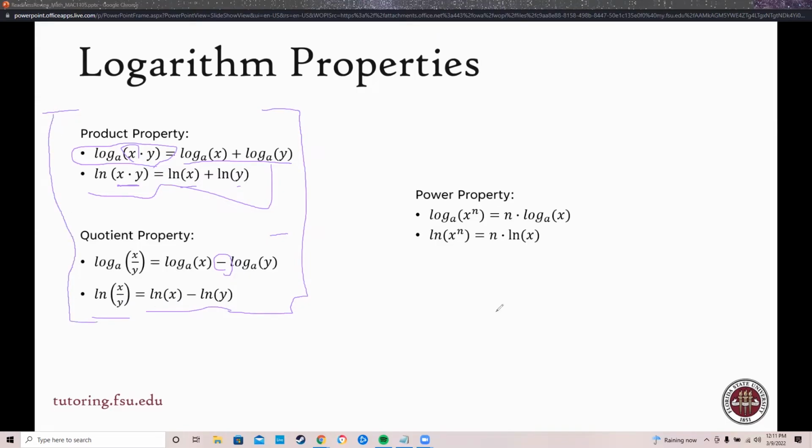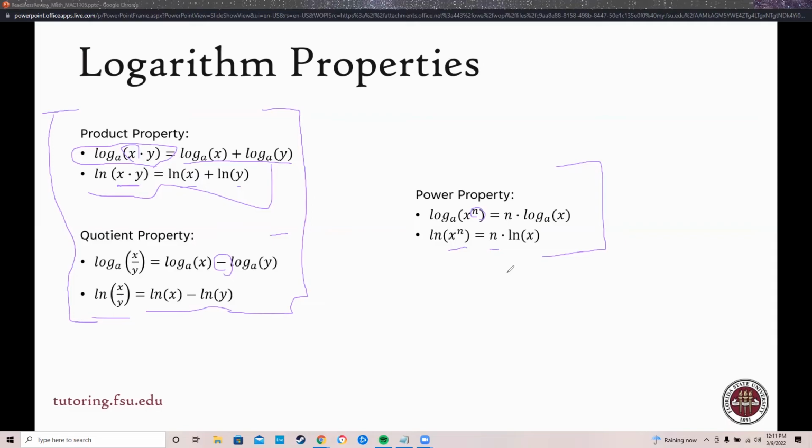The harder property to remember, I think, is the power property, because sometimes these exponents are not as easy to see. The power property just tells you that if the nested function has a power attached to it, like log of x to the n, then you could write that as n times log of x.